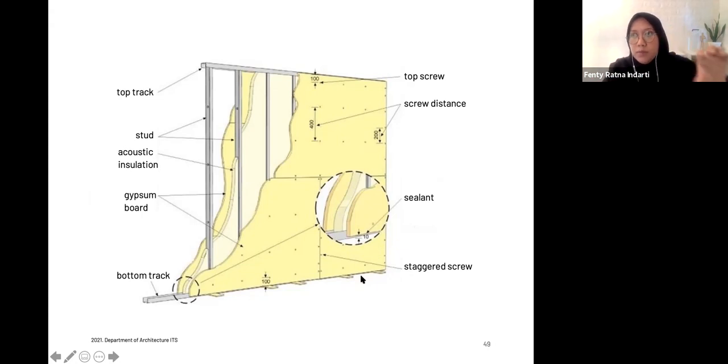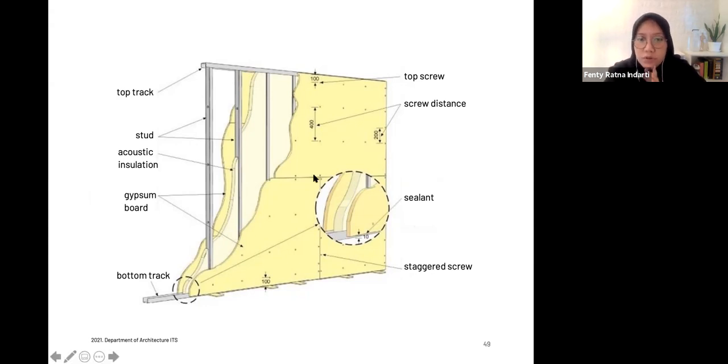Because of the nature of the material, the GRC easily expands during the hot time. So you need to spare a space, and on that space you put sealant so that it is protected from animals such as cockroaches or dirt. That's what the sealant is for.